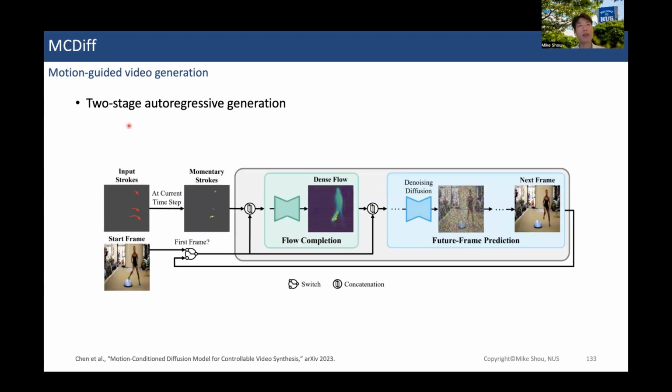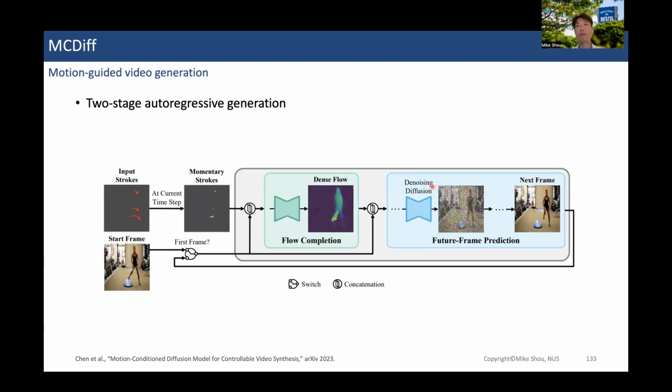They have essentially a two-stage generation process. In the first stage, given the input directions, they first complete the flow. Essentially, they are trying to compute the optical flow, but since the input strokes are pretty sparse, they first complete this flow image.